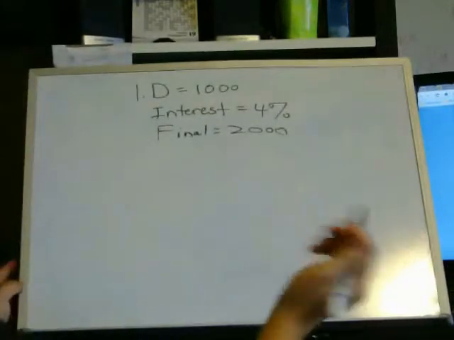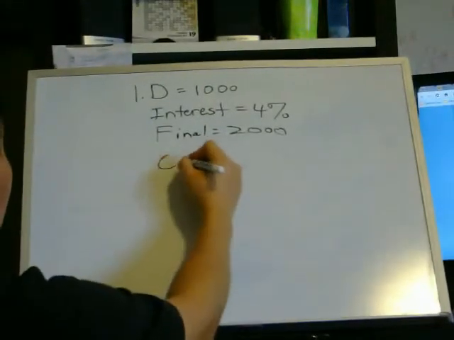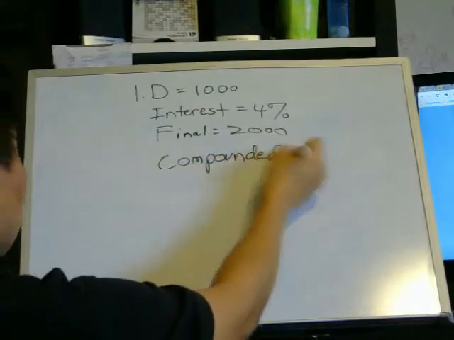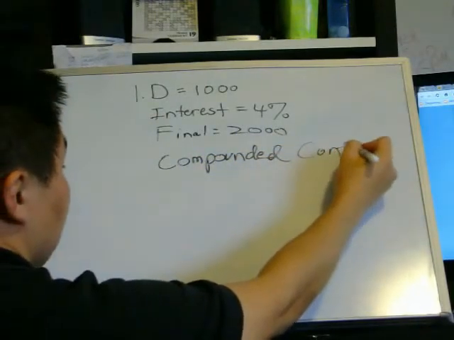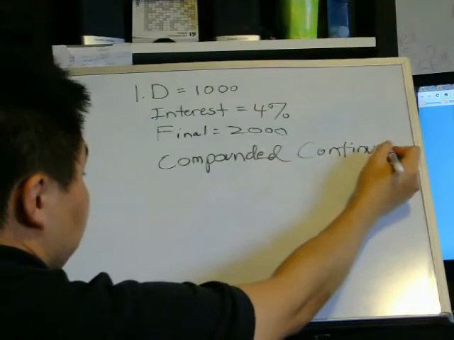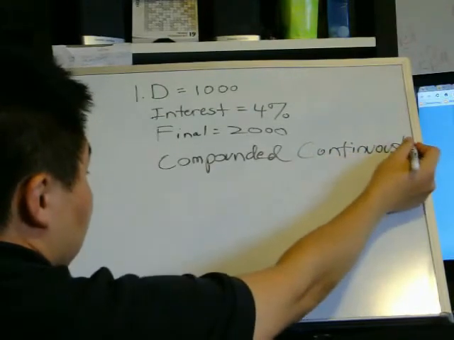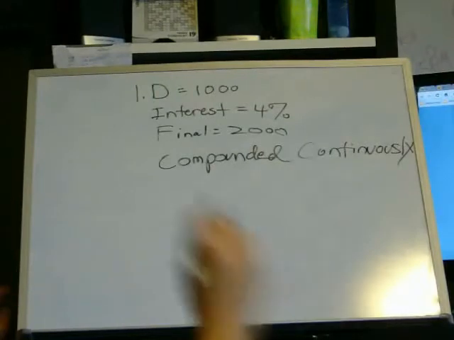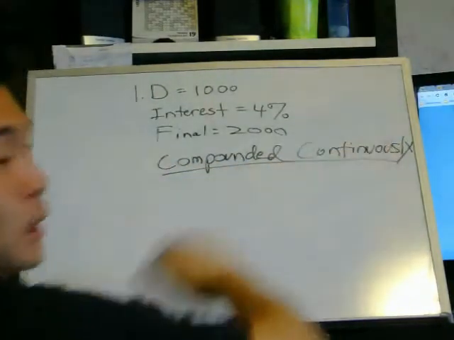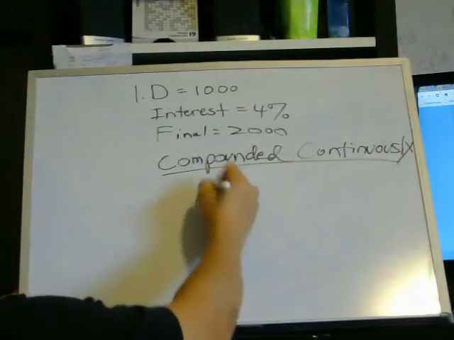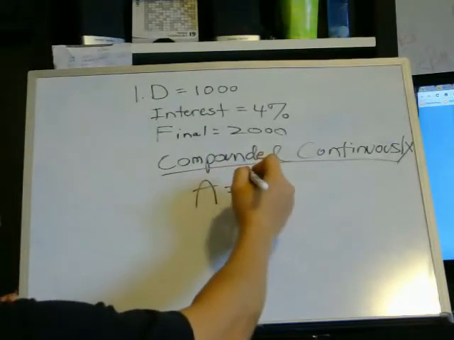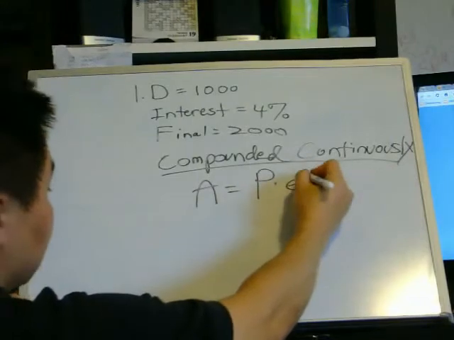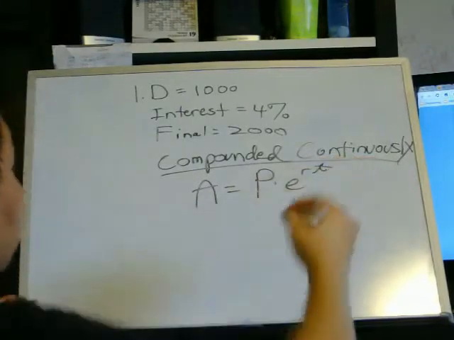Alright, the keyword here is compounded continuously. Because of this word, the equation you have to use is A equals P times e to the RT.